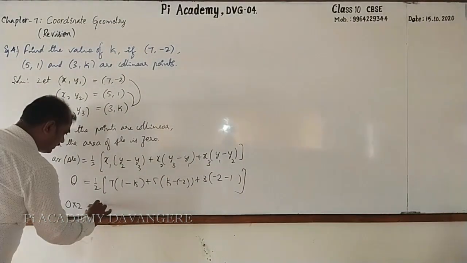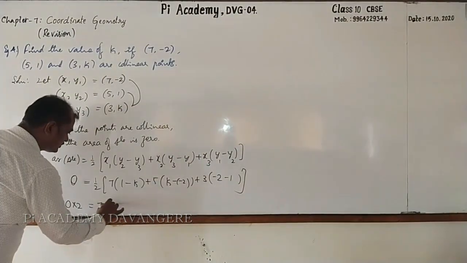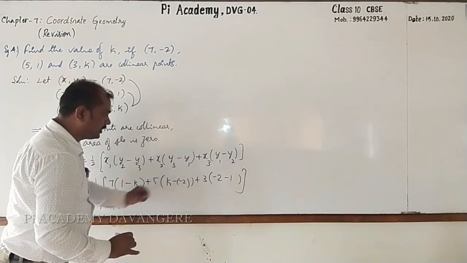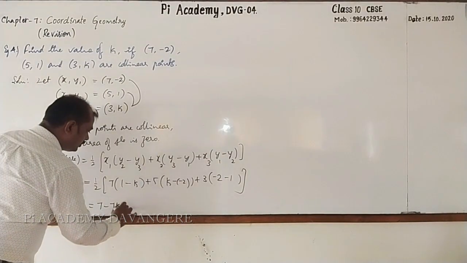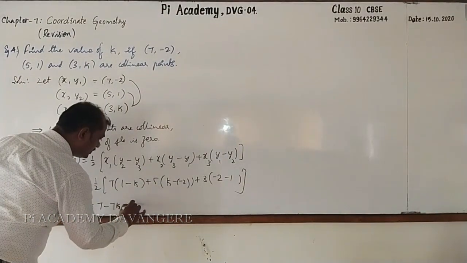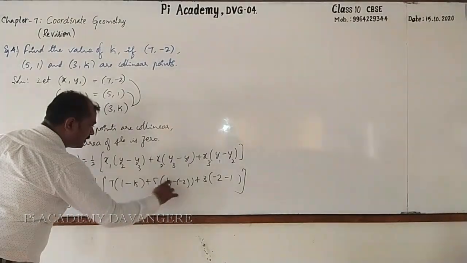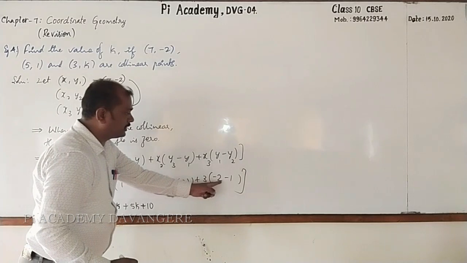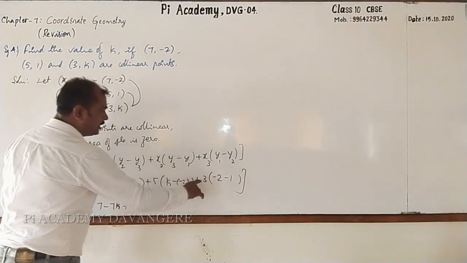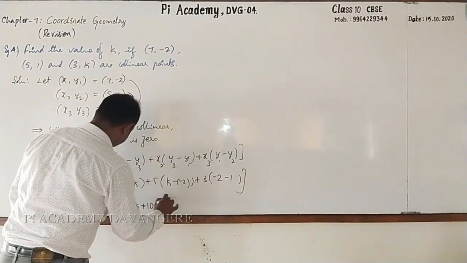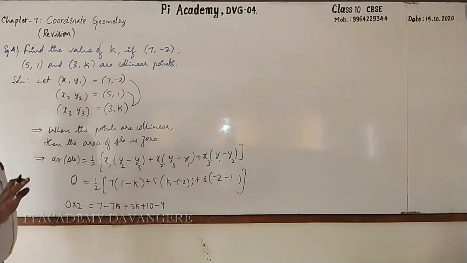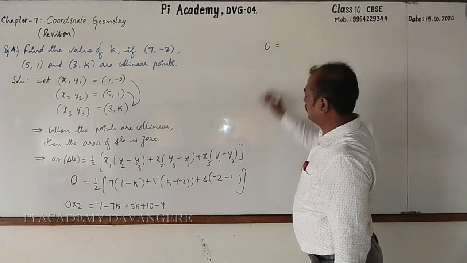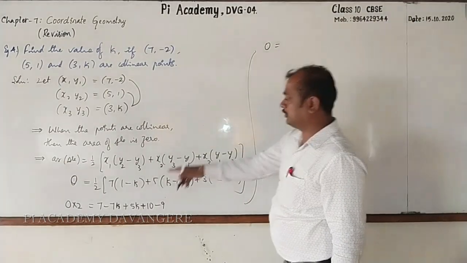7 ones are 7, minus 7 into k, 7k. Then minus into minus plus. So 5 into k, it is 5k plus 5 2s are, this is 10. Minus 2 minus 1, minus 3. Minus 3 into 3, minus 9. Followed? Now, LHS part. 0 into 2, it is equal to 0.